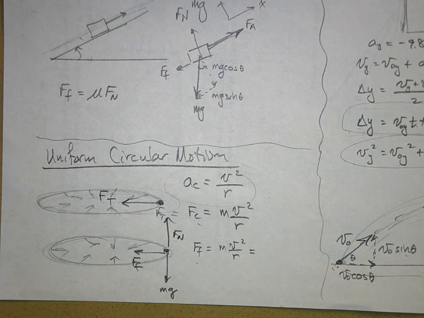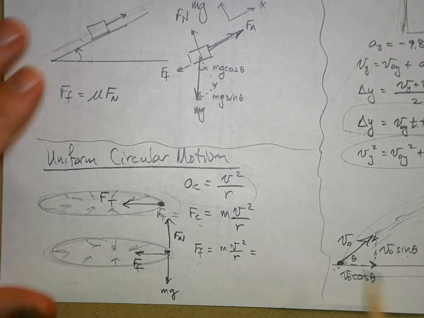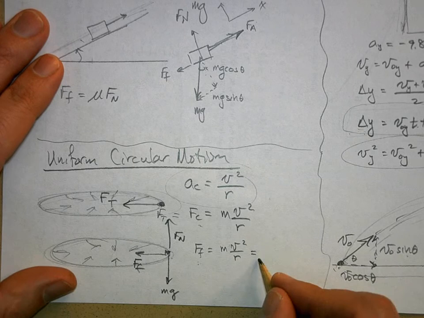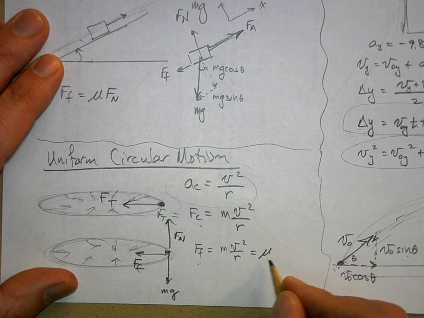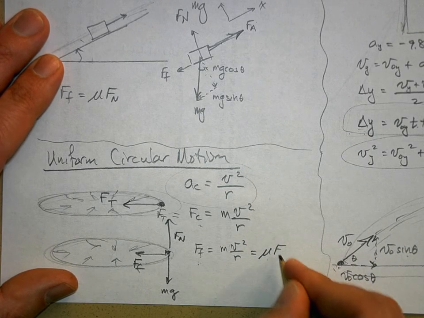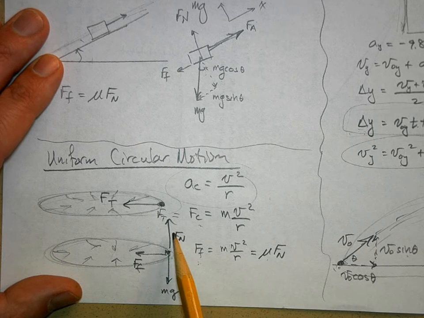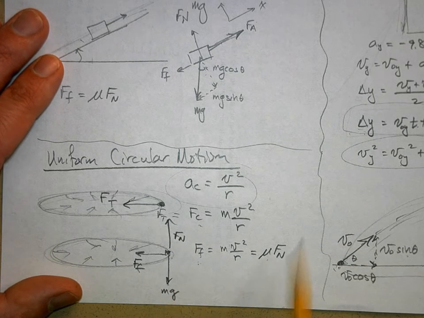So even though the car is moving, it's still static friction between the wheels and the road. So this will equal mu, the static friction coefficient, times the normal force. And in this case, the normal force is just equal to your weight, and you can solve any problem from there.